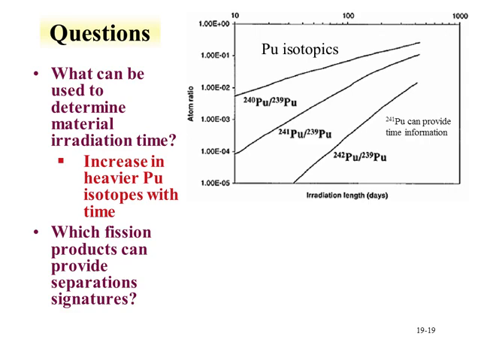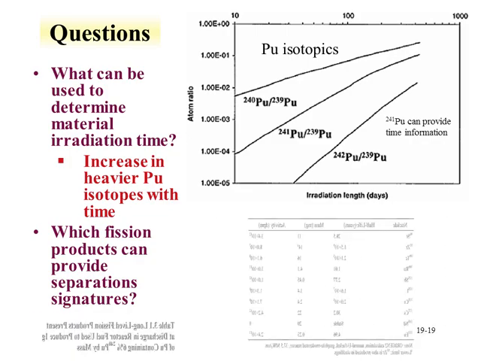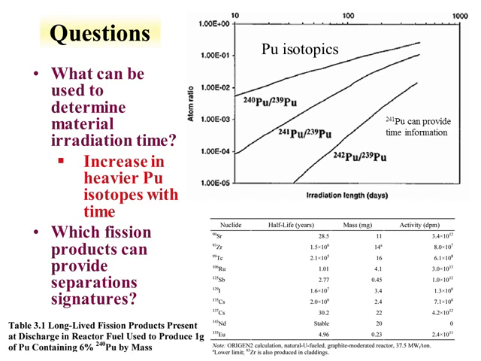Other information that one can get is related to fission products and what sort of signatures can they provide. Well, for separations, one can look at these fission products that are listed here. Some of them are relatively short-lived, some are relatively long-lived. So this gives you a range of what sort of time span one can use to evaluate material.